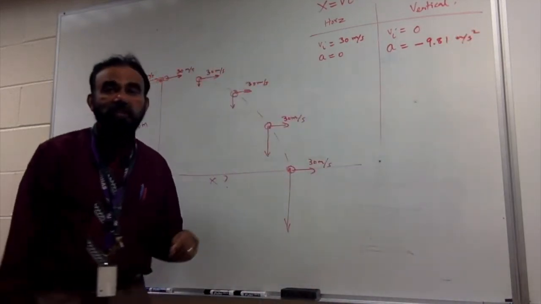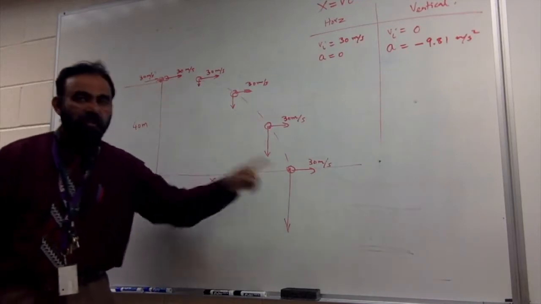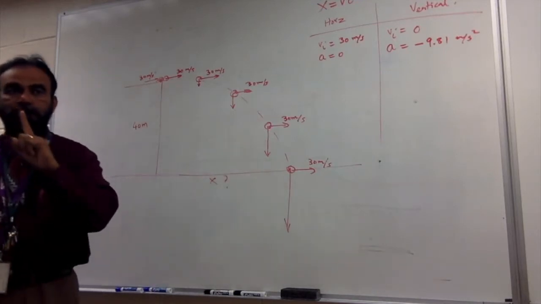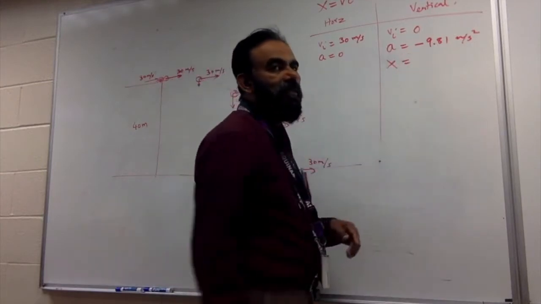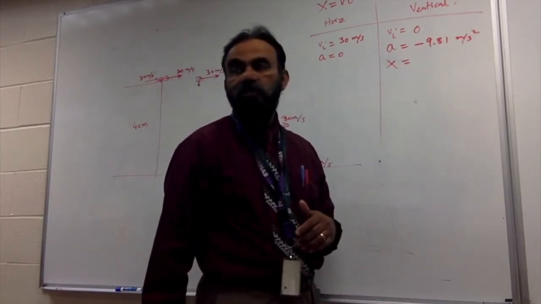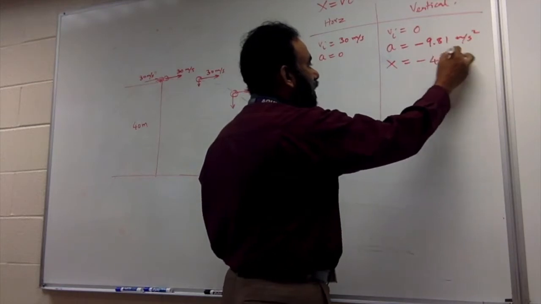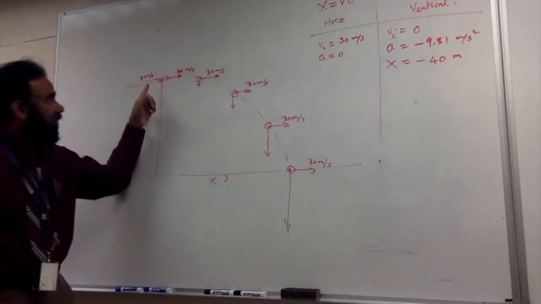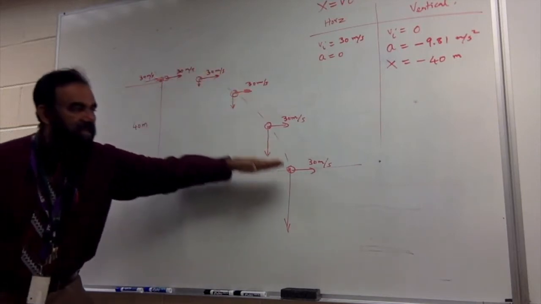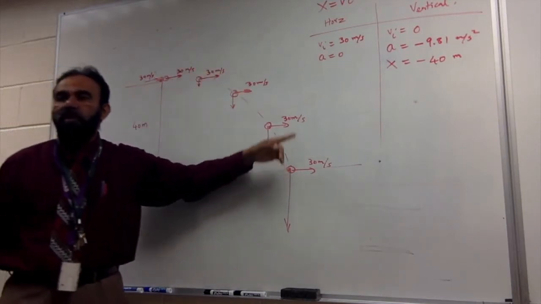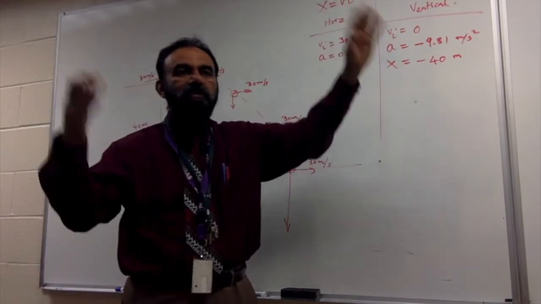What else do you know vertically, between this location and this location? 40 meters. Displacement? Yep. What is the displacement? Be careful. How much? Negative 40. I told you, starting point here, finishing point this level. That means you're starting at this height and finishing down below. If you don't put the minus sign there, the whole thing is messed up.